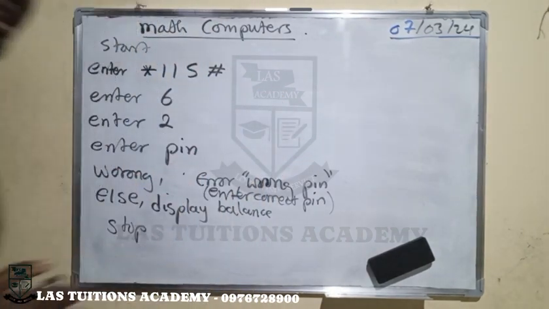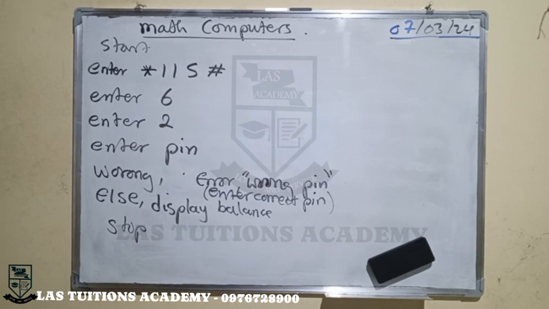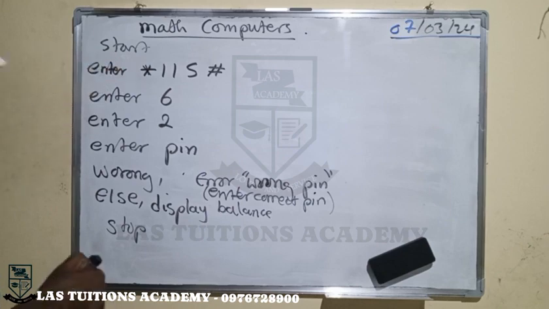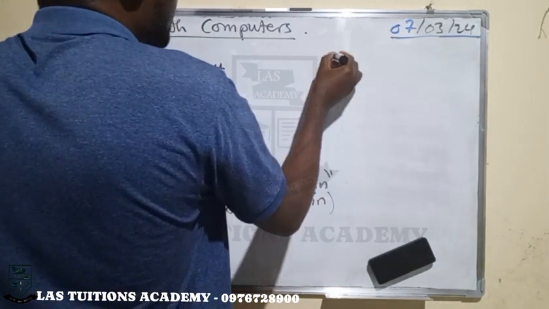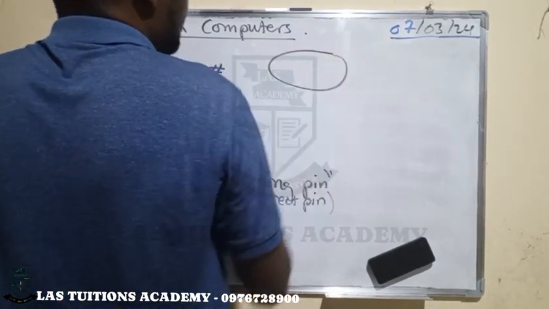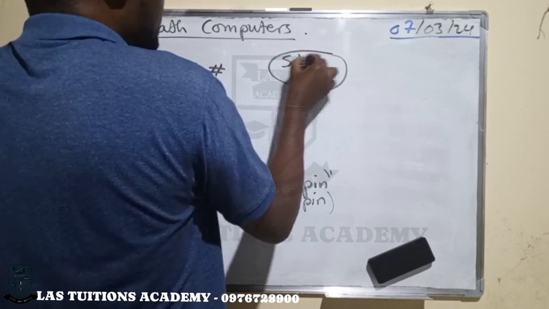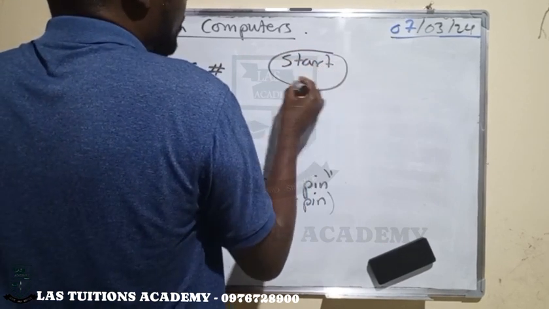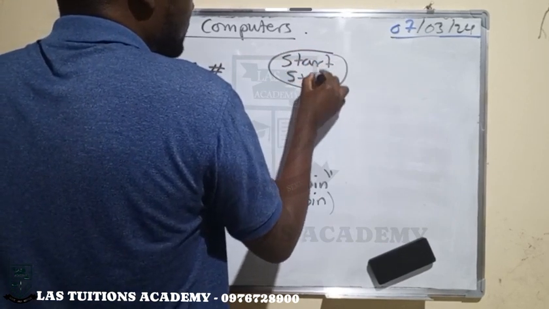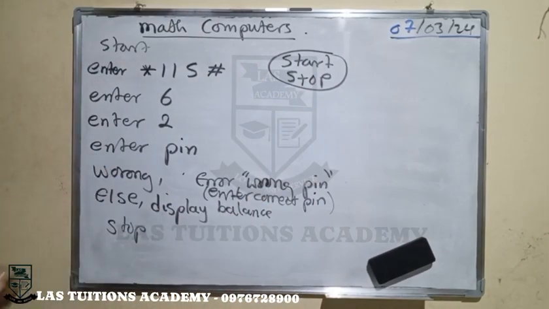There are some shapes that we use that are associated with what we are doing here. For you to start the process, the shape that we use looks like an egg. It can be used for either start or stop.